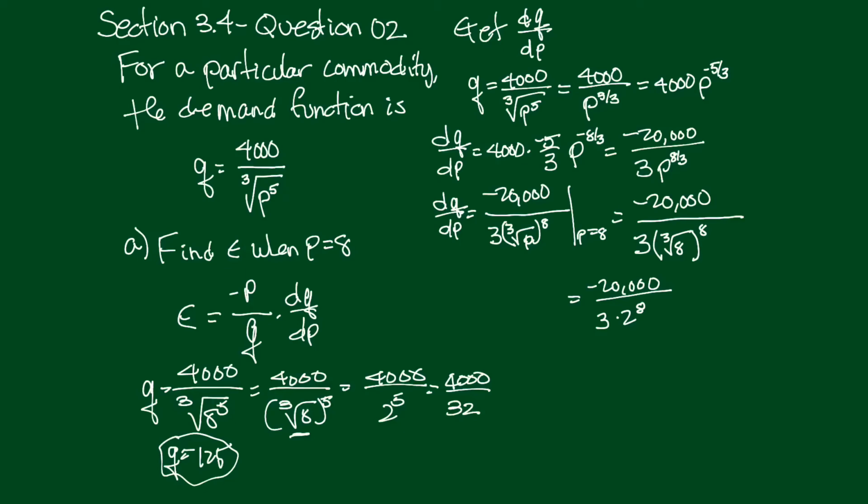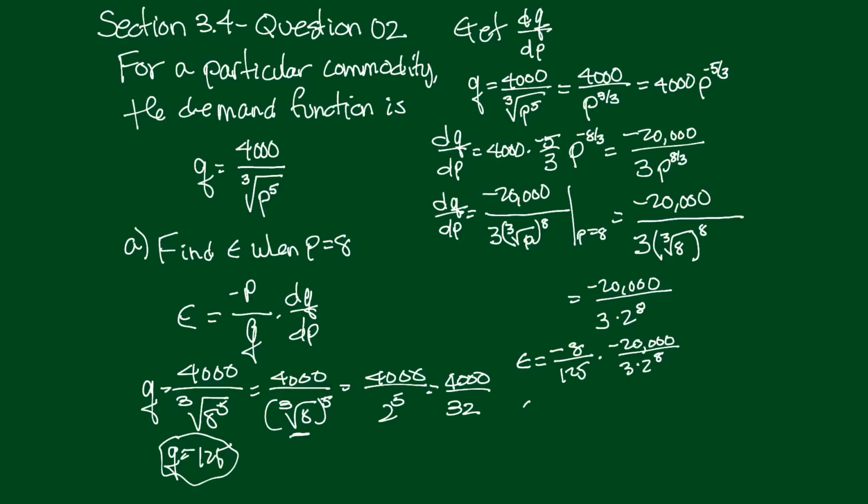All right, so now we're going to get this. Epsilon, the elasticity of demand, is negative P, which is 8, over Q, which we found to be 125, times this number here, negative 20,000 over 3 times 2 to the 8th. Now this is a calculator problem, the way I saw it, or you could start canceling some things here, but I'm just going to use my calculator.